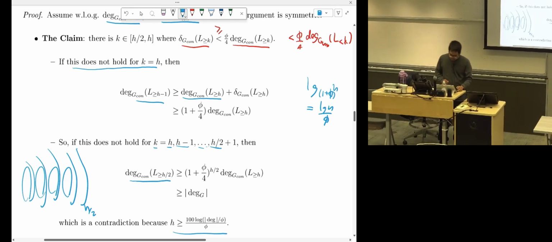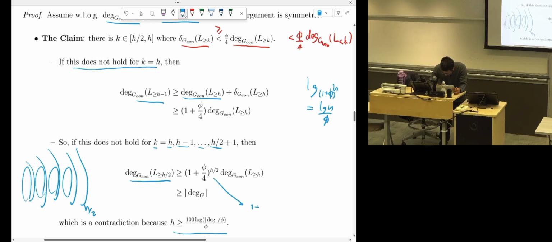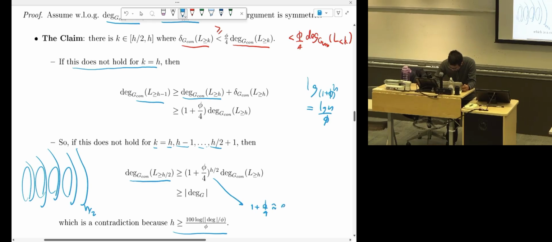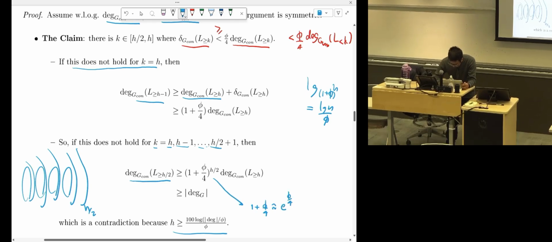Okay. So the way you think about this is 1 plus phi over 4 is basically e to the phi over 4, right?